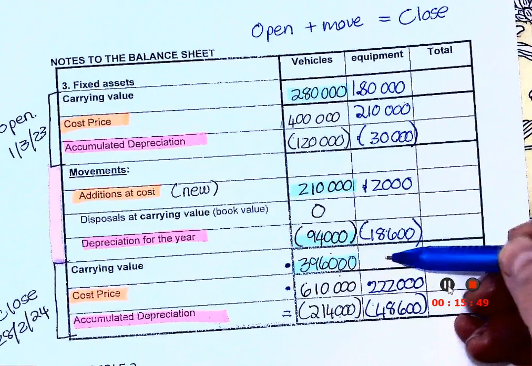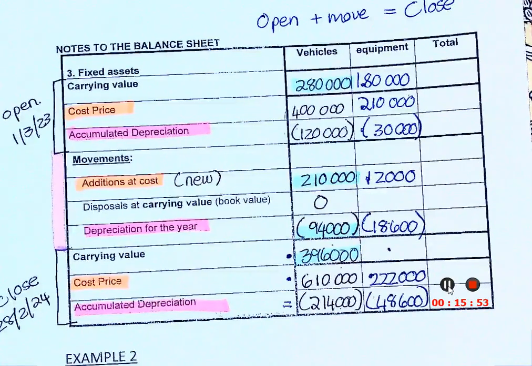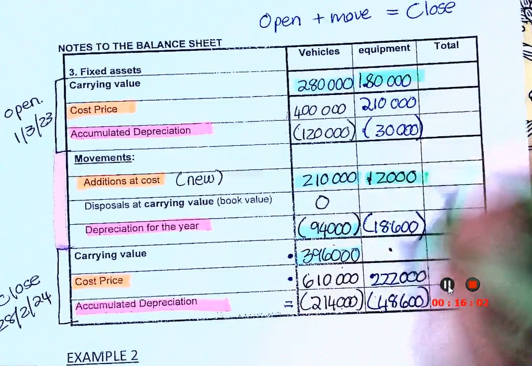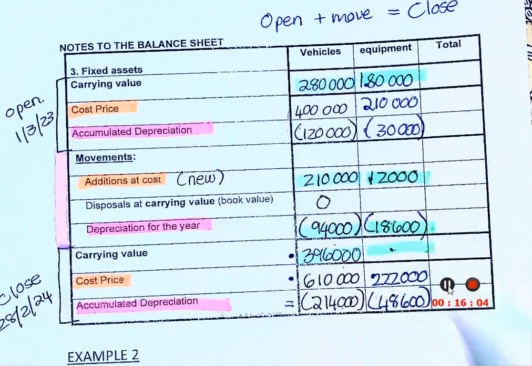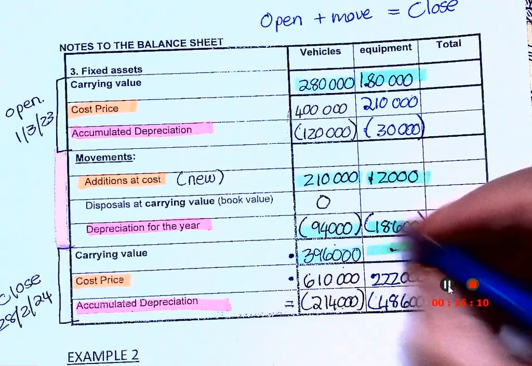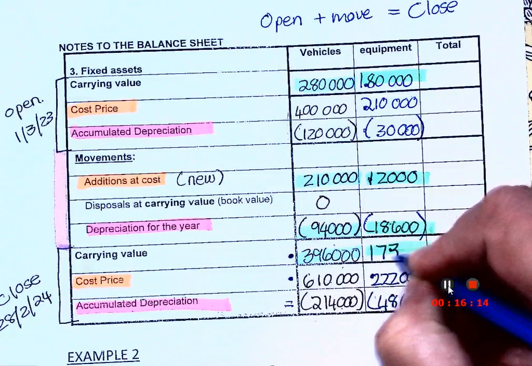So now, I want you to get me this one. Now, can you see there's two ways you can get that one? You can either say the 180 plus the 12 less the 18 gives you this one. Or you can tell me another one. Okay, what do you get? 173,400.